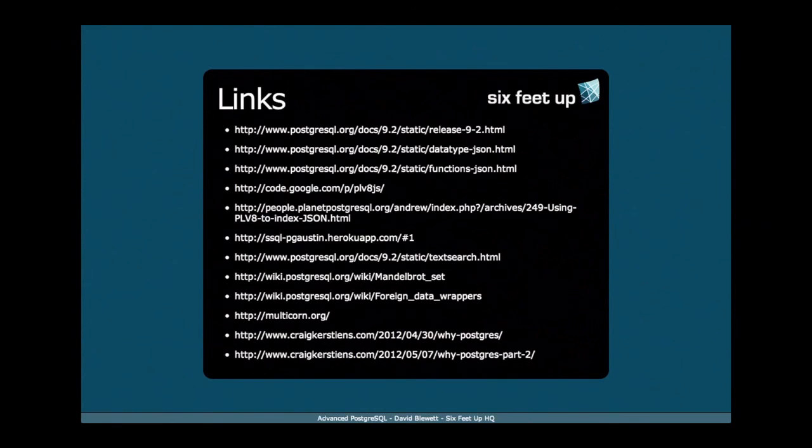And then there are some examples at the bottom of the window functions on the Postgres wiki, the Mandelbrot set, where you can have a graphical representation of the Mandelbrot set that Postgres can calculate for you. It's pretty interesting.